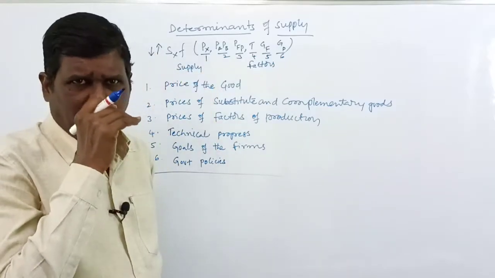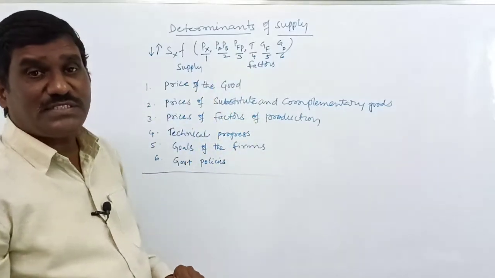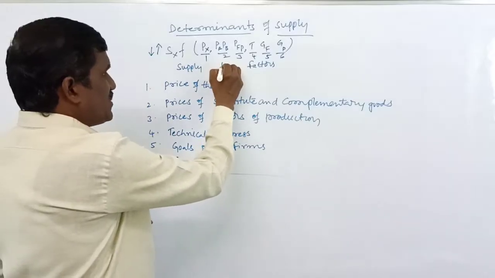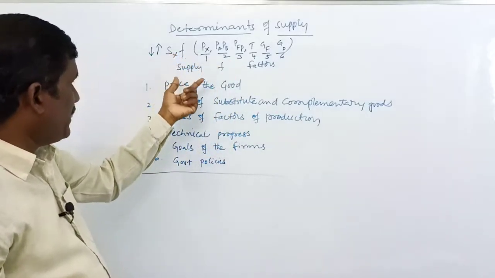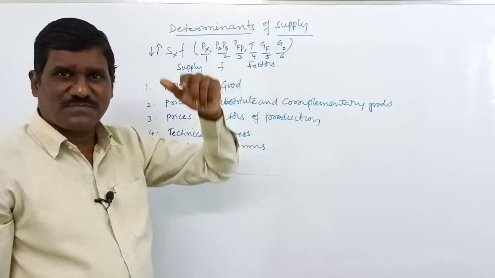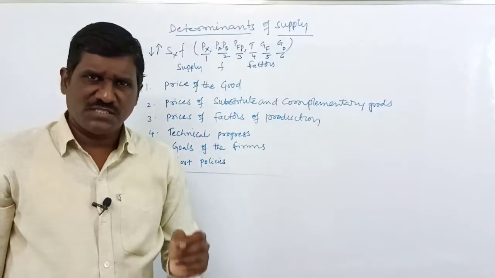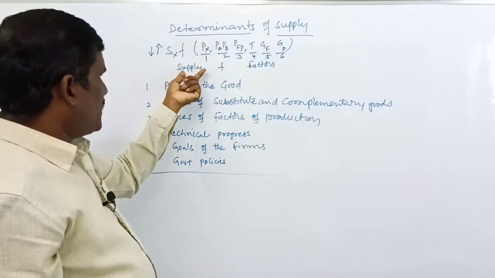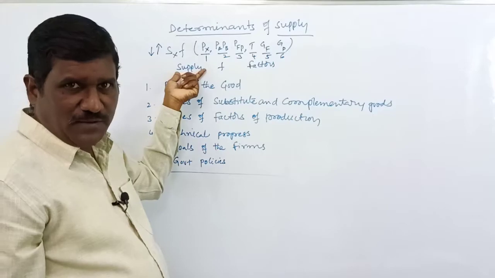Supply means to sell, and factors mean the determining elements. Fn indicates the relation. The relationship between supply and supply factors is called the supply function. Demand function, supply function, production function. In the supply function, it is how many goods the seller is ready to sell.